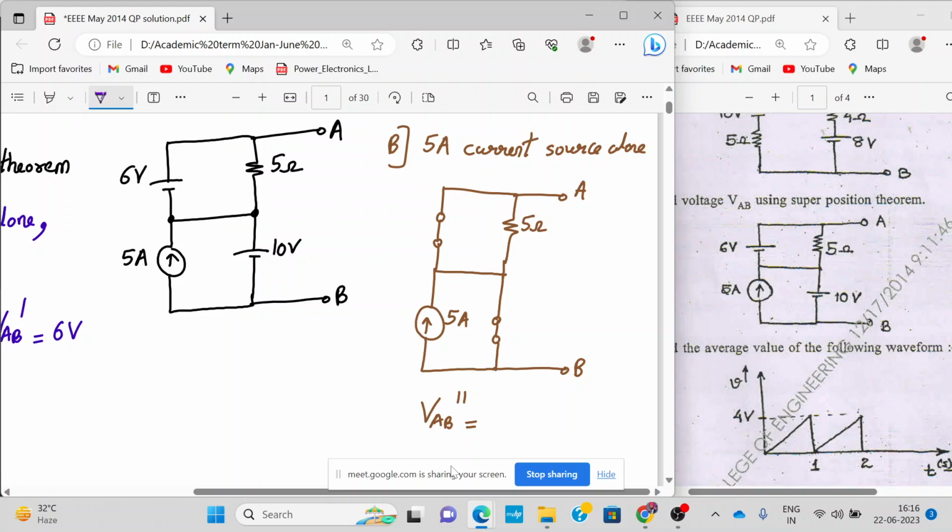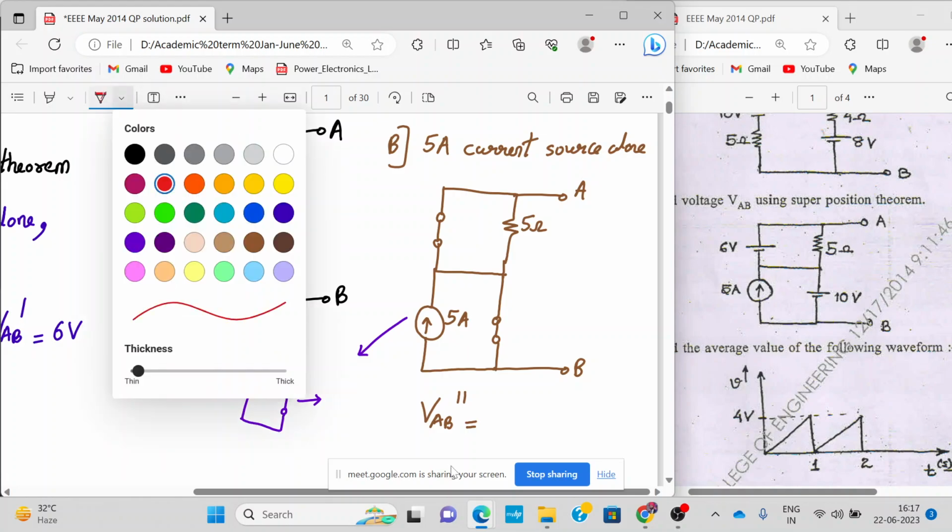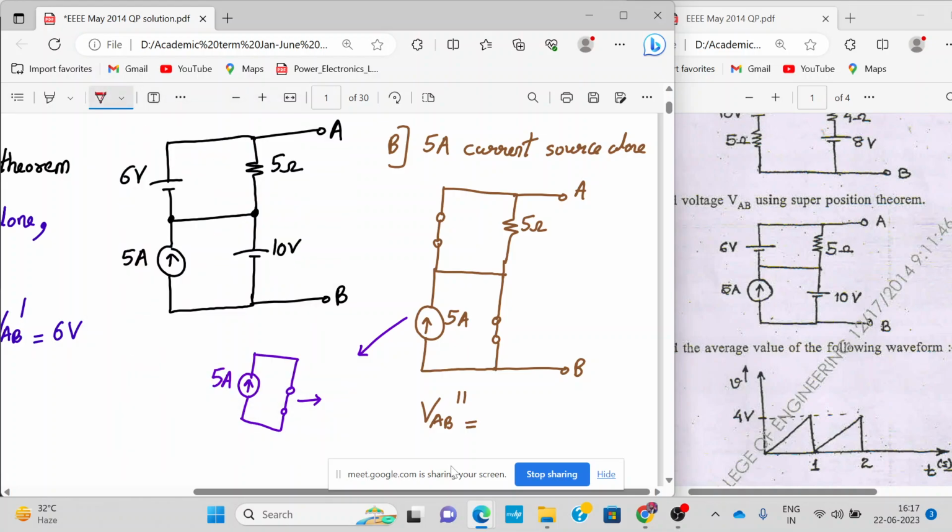Anything in parallel with a current source will deactivate it, I mean, it will become redundant. Say this is a 5 milliampere source and you have a short circuit. What will happen to this current source? It becomes redundant. The current flows through the short circuit, so this current will be more.